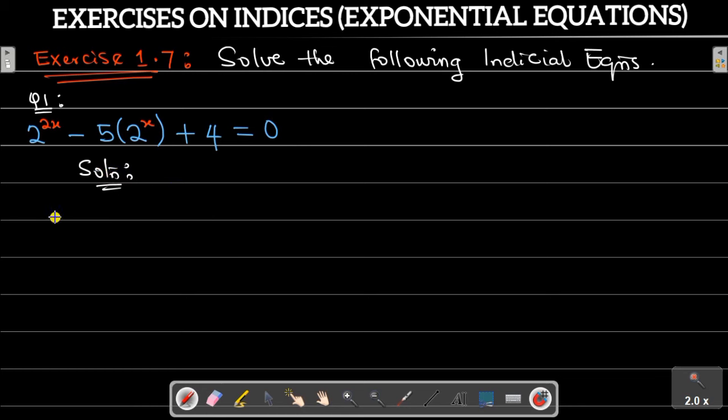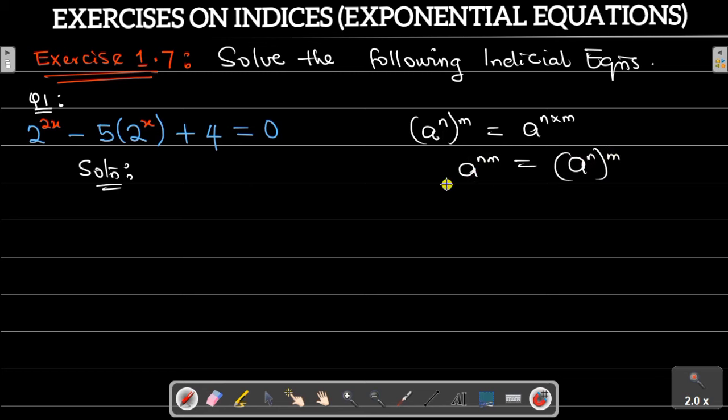In doing that, I am going to apply the rule that says if I have a to the power of n, raised to the power of m, this is the same thing as a to the power of n times m. Since I am given n times m, I can split it this way.